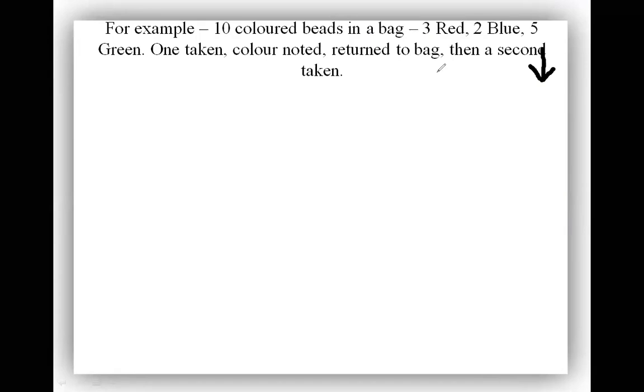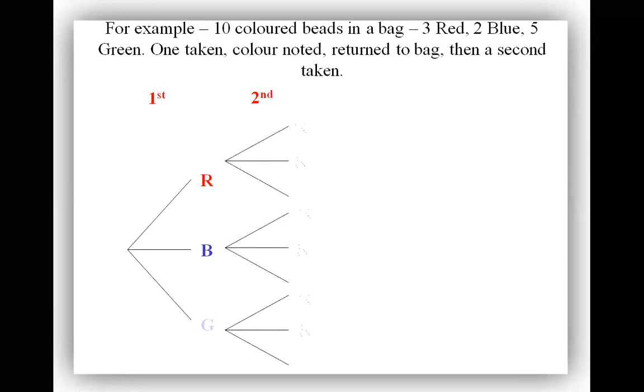Okay, now let's move to the next example. It will be quick. We have already done this one. So three beads are there, red, blue, and green. And again, we are going to draw a bead out of the bag and replace it, and then again draw another bead. So this will be a tree diagram.